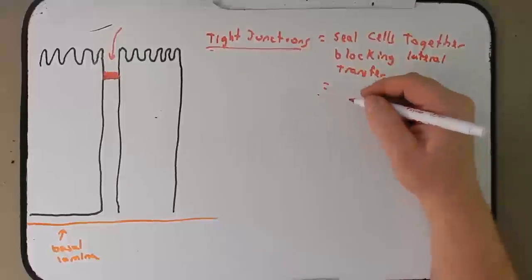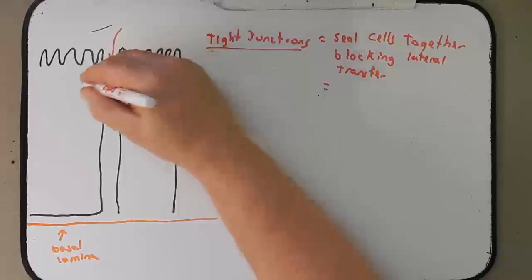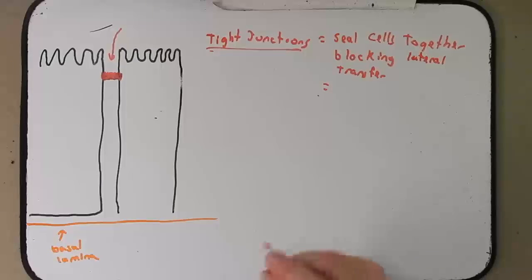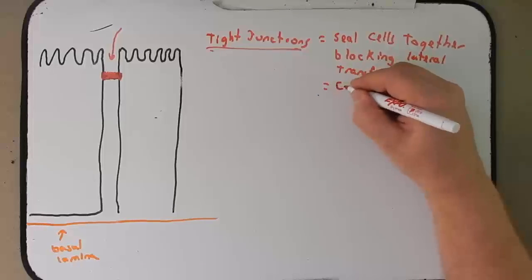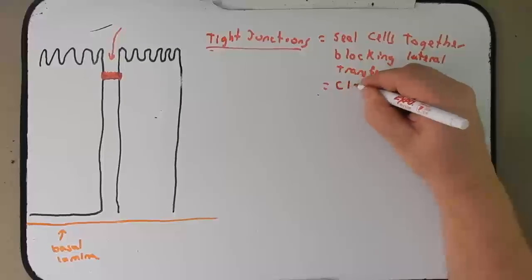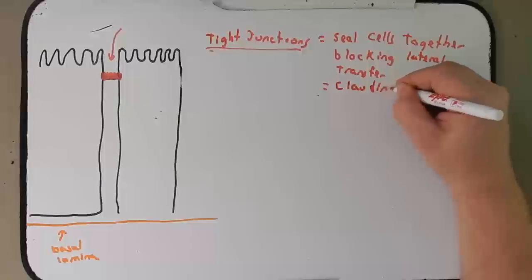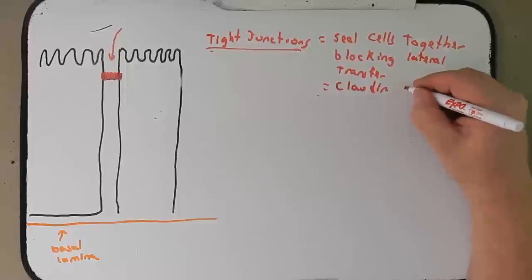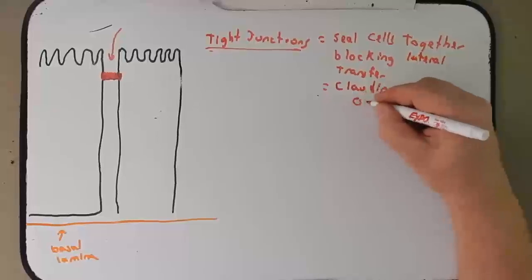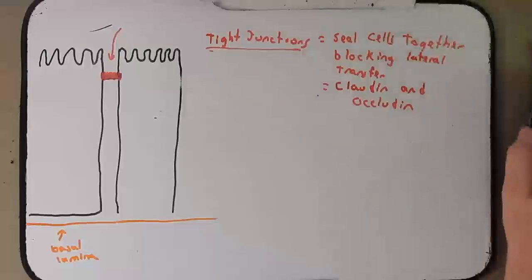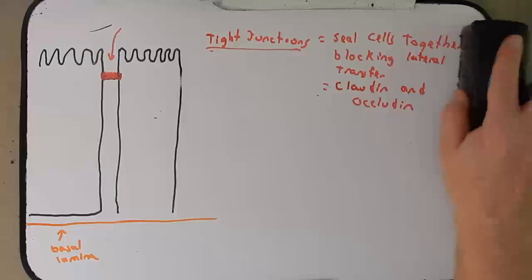These tight junctions that span from one cell to the other are made up of two proteins. One's called claudin, and the other is called occludin. And that's all I want you to know about tight junctions.